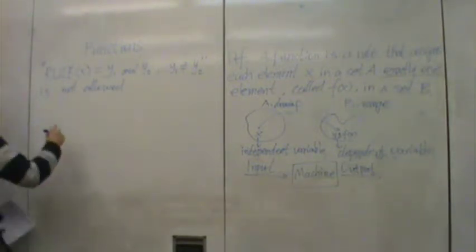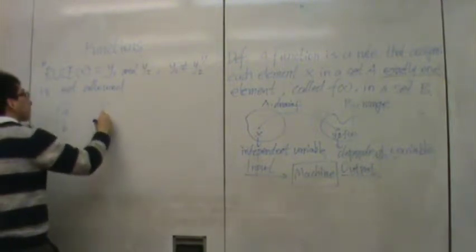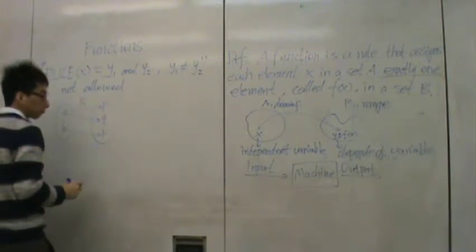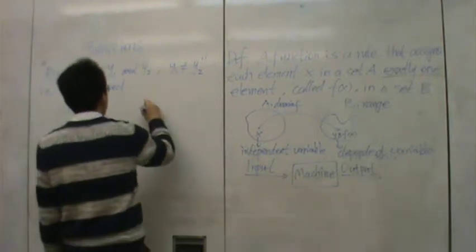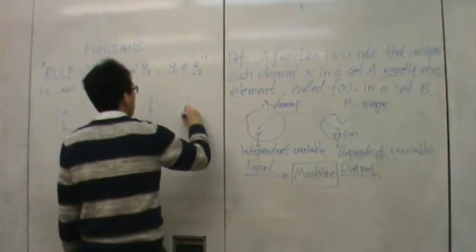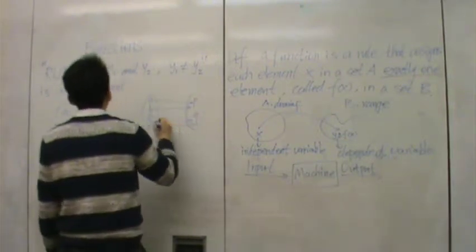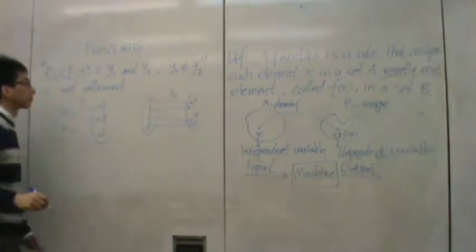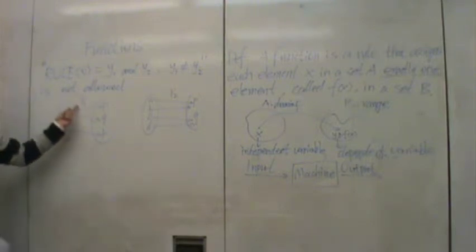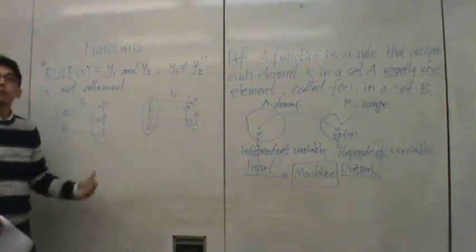Let's look at some other examples. There are two relations given by two rules, R1 and R2. The question is, are they functions?